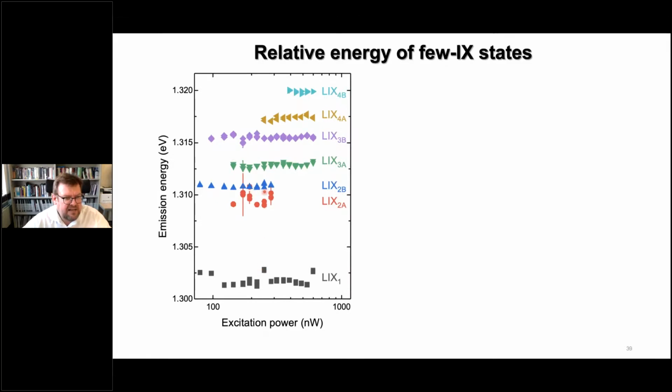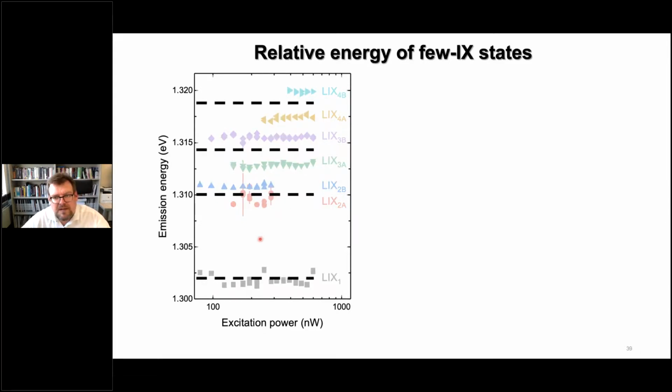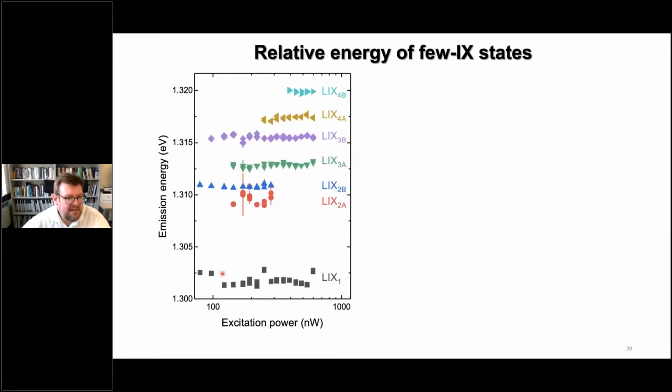And this energy here is the dipolar repulsion between 2 excitons separated by some distance inside the trap. It depends on the trapping potential, which I'll come to in a second. So for 2 excitons, we add a third one, it moves a bit more up. The fourth one, it moves a bit more up. This is the blue shift I showed you a couple of minutes ago.